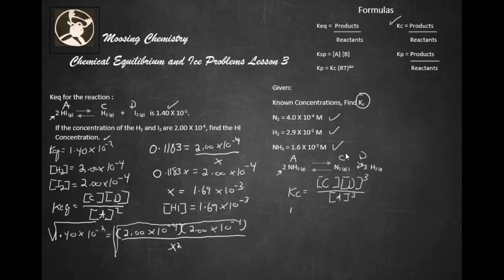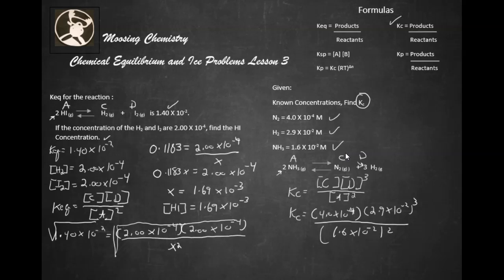All right, so the concentration constant is going to be 4.0 times 10 to the negative 4 times our D, which is our H2, 2.9 times 10 to the negative 2 cubed, divided by 1.6 times 10 to the negative 2 squared.